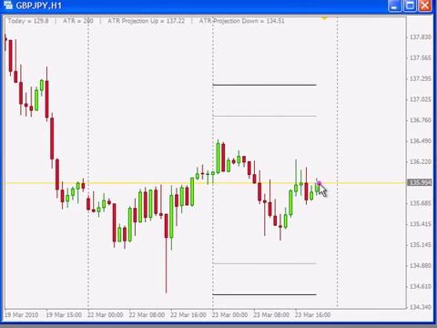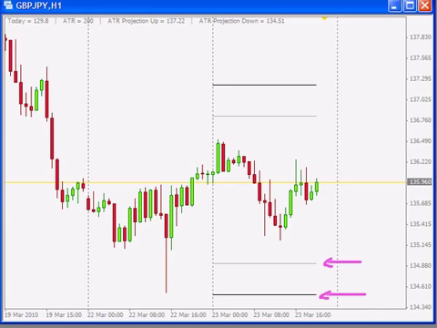Okay, so assuming your intraday trading system gives you a sell opportunity at that precise moment, you would be looking to place your final profit taking level somewhere in this area. Probably closer to the 100% average daily range projection if you are an aggressive trader, or closer to the 80% projection if you are a conservative trader, which is my recommendation.